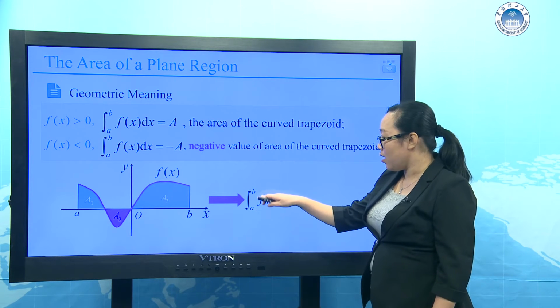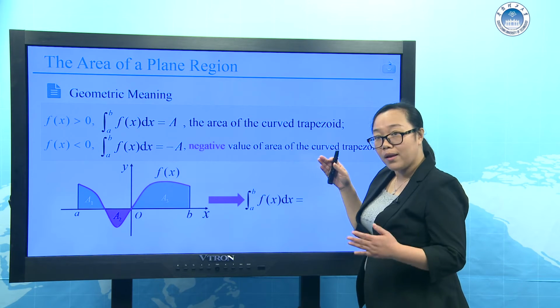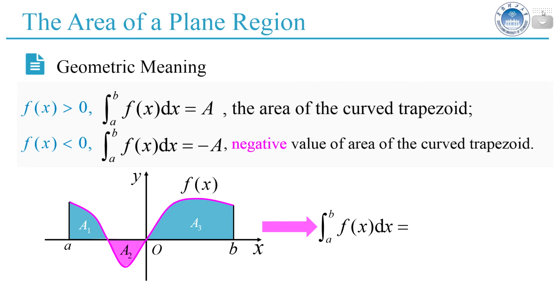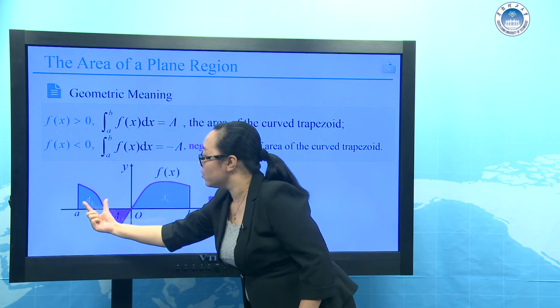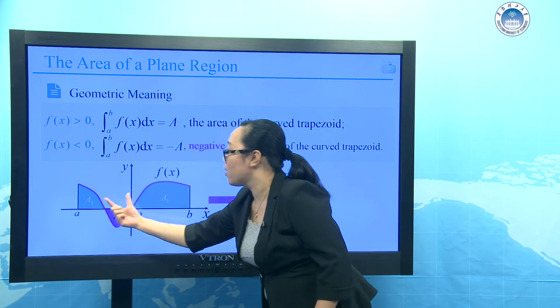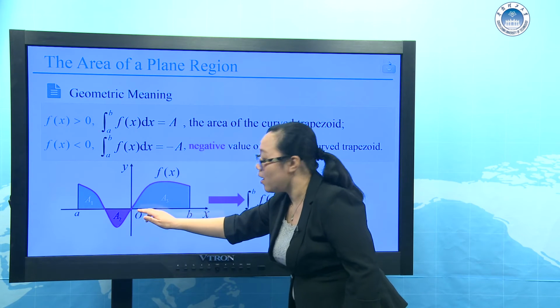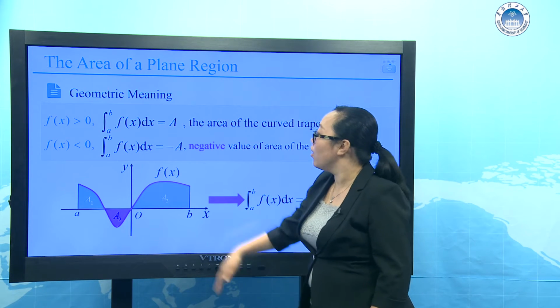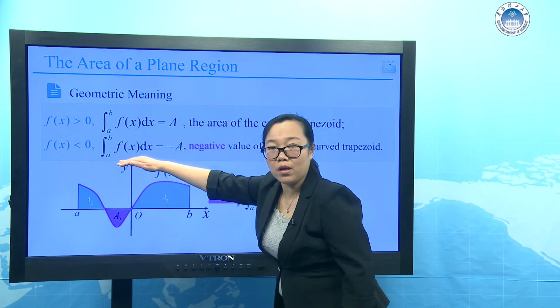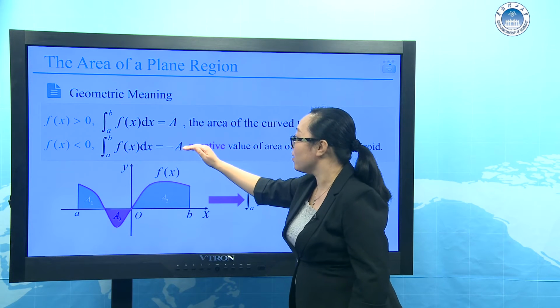Look at this: the integral from a to b of f(x) dx. Consider the geometrical meaning and the two formulas. If f(x) is positive, the integral equals the area itself. In the other case, f(x) less than 0, the definite integral equals minus the area.